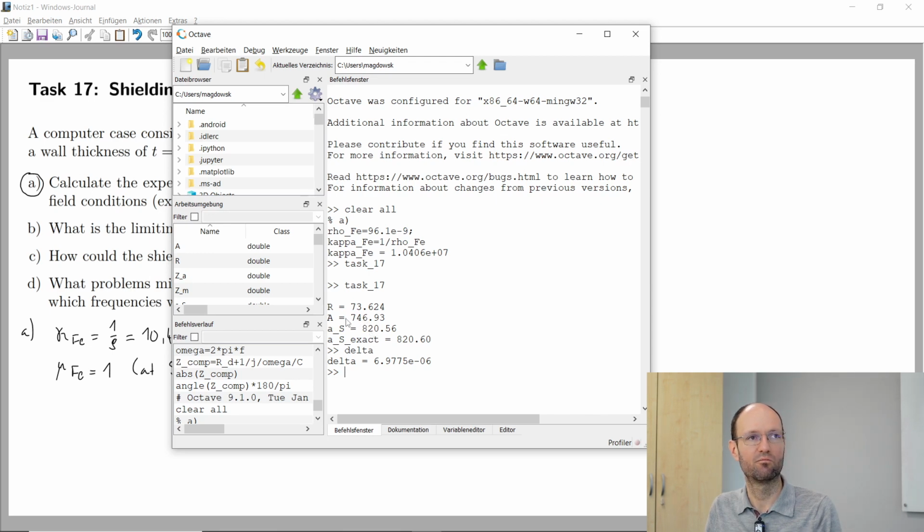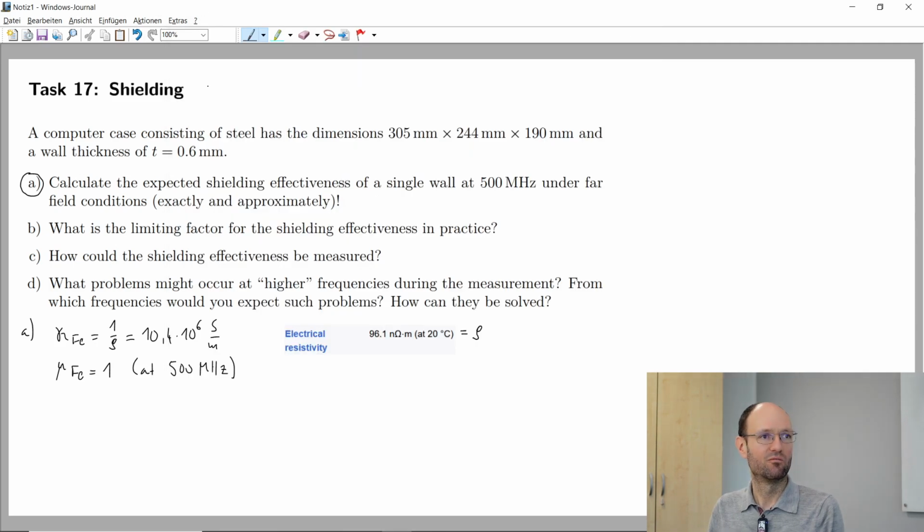And as this absorption is larger than 10 dB, we don't need to take into account the multiple reflections. And we get 820 dB from the approximative solution and also from the exact solution. Okay, so result here with these values is that we get a total shielding efficiency of approximately 820 dB.